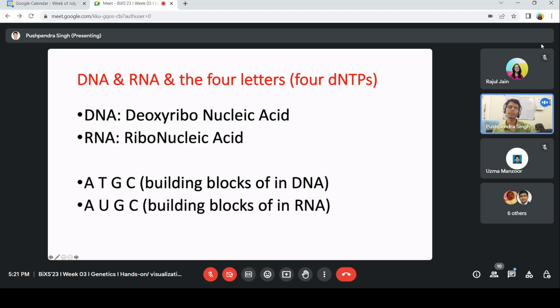So the title of this presentation was DNA and RNA and the four letters, and how these four letters create so much diversity. There are different combinations in which these four letters can come. So let's first know the full form of DNA, deoxyribonucleic acid, and RNA.